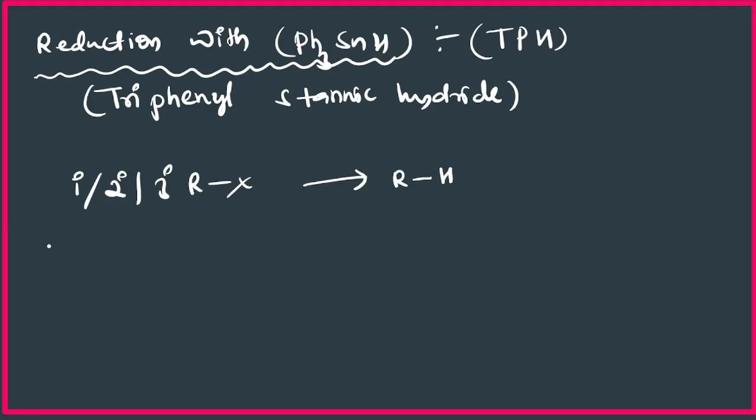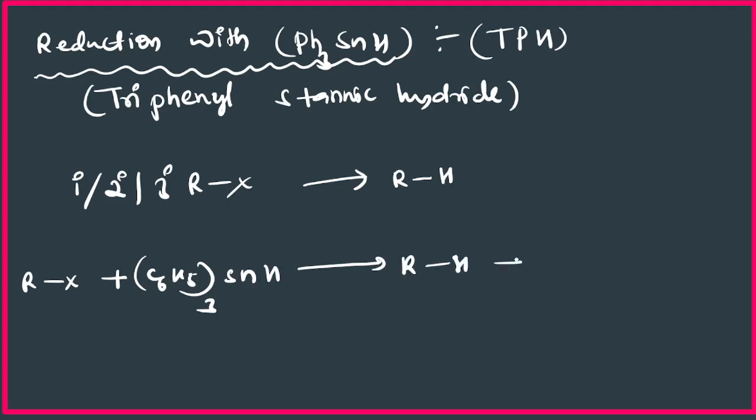For example, RX with triphenyl stannic hydride, (C6H5)3SnH, gives RH. It reduces primary, secondary and tertiary alkyl halide. It gives alkane.